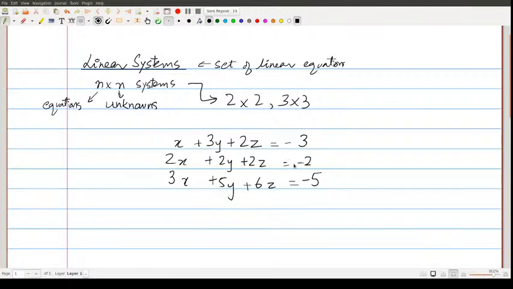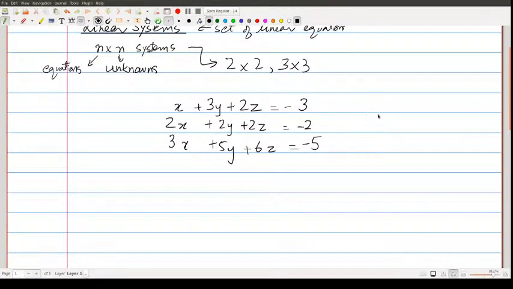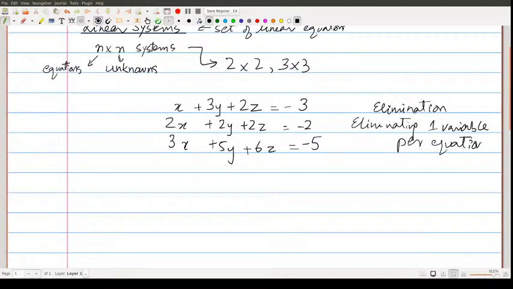And so let's look at the system of equations, and the idea that we're going to discuss today is the process of elimination, right? And we perform elimination by eliminating one variable per equation, right? The way we do this is as follows.